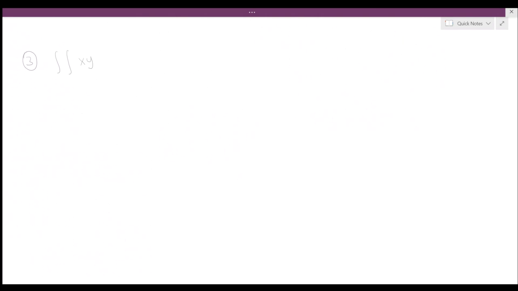It's given that y is between 0 and the square root of 1 minus x squared. So I'm going to put that on the inside, so that would be integrating with respect to y.